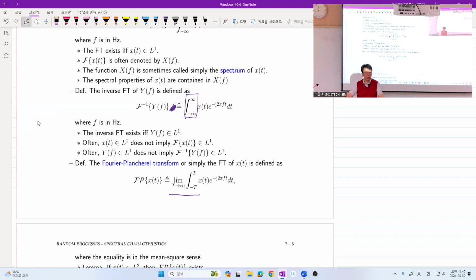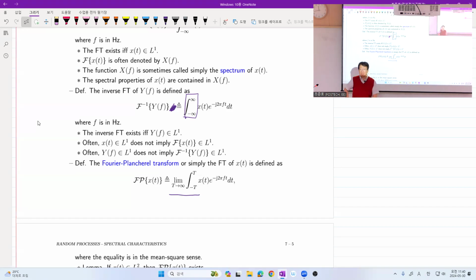So you do not directly compute the integration from negative infinity to positive infinity. You take a chunk of it and calculate the integral. And then you increase t, the interval length. And if that sequence of numbers converges to a number, has a limit, then we call that limit the Fourier Plancherel transform of the signal evaluated at a specific f.